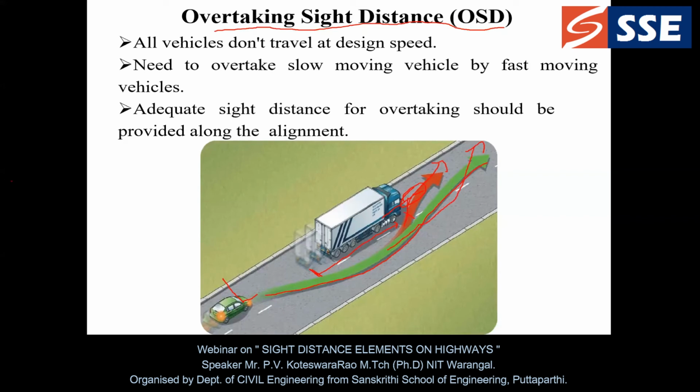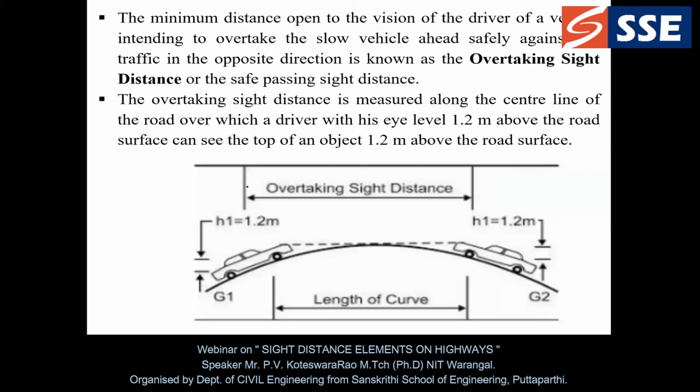What is the minimum sight distance that is available for overtaking? That one we call the overtaking sight distance. Again, please observe this one. In the stopping sight distance, we need to stop our vehicle by observing objects. The objects may be stationary or moving objects.